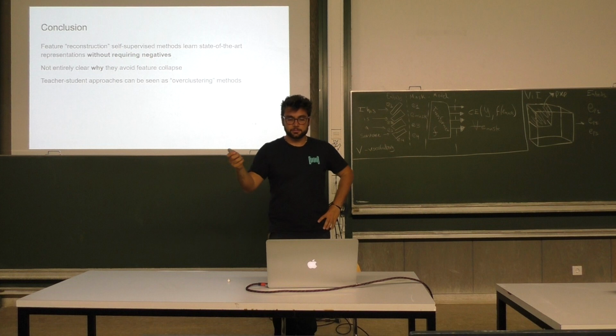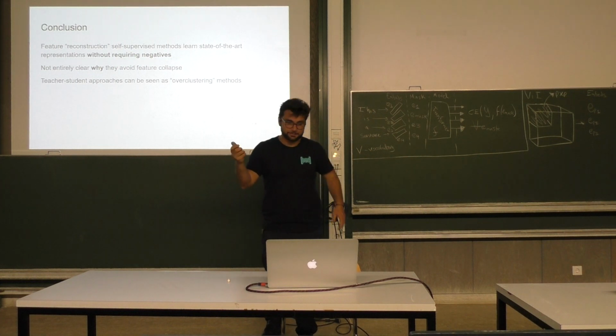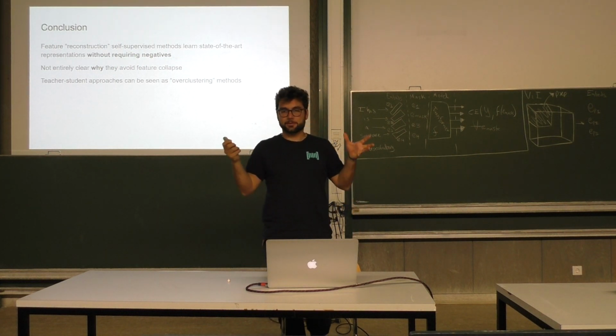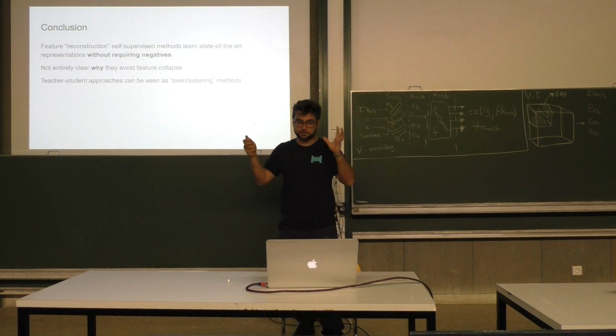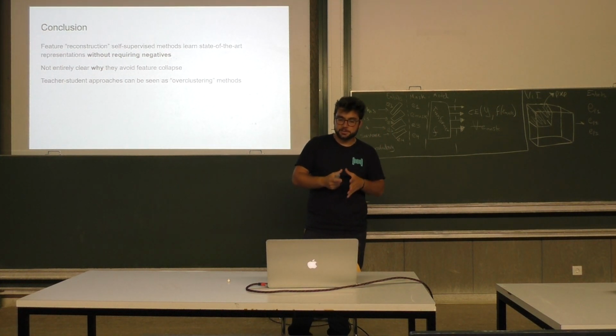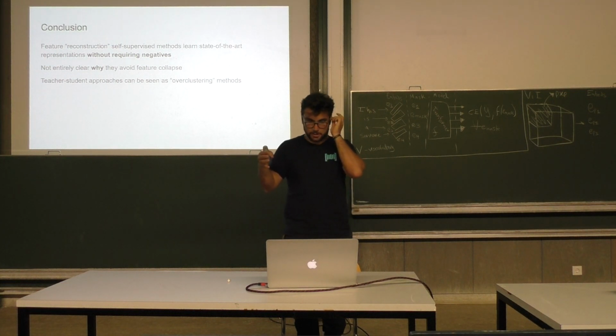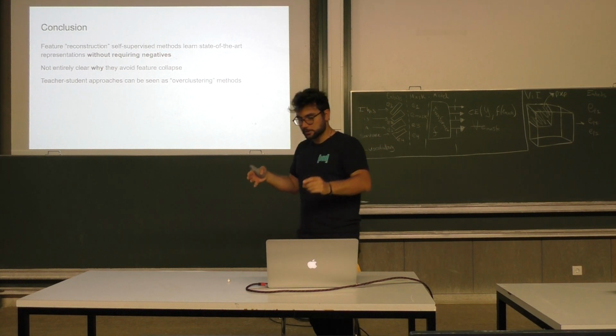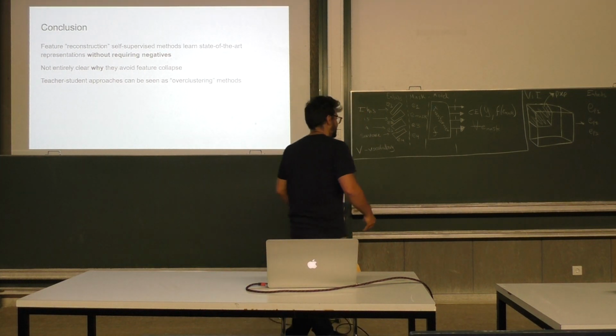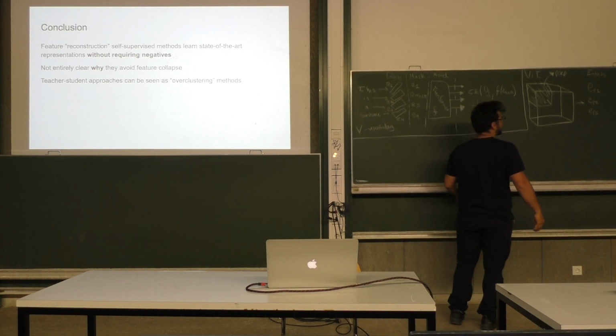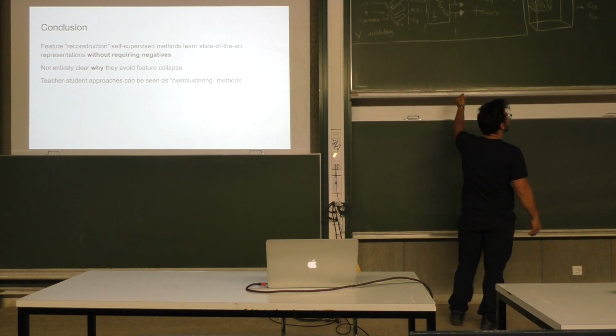Even though we don't really know so far, at least from the theoretical perspective, why collapse is avoided, we still need the batch because, as I explained, there are some modules inside the MLPs, essentially batch normalization. Maybe it would be nice. Okay. Does everybody know how batch normalization works and why we get this information from the whole batch?